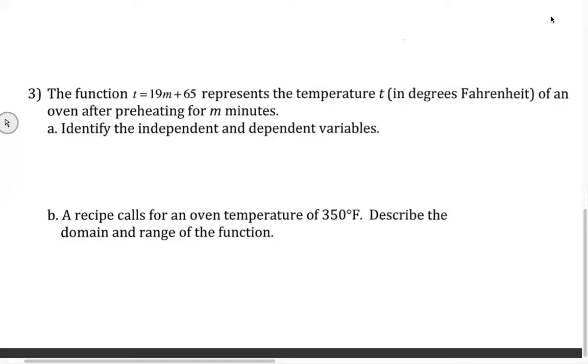A little bit of both. You are correct. But what does that T stand for? Degrees in Fahrenheit. So the 19 is going to be talking about degrees, okay? So that means the 19 is representing the degrees the oven increases per minute. Does that make sense?